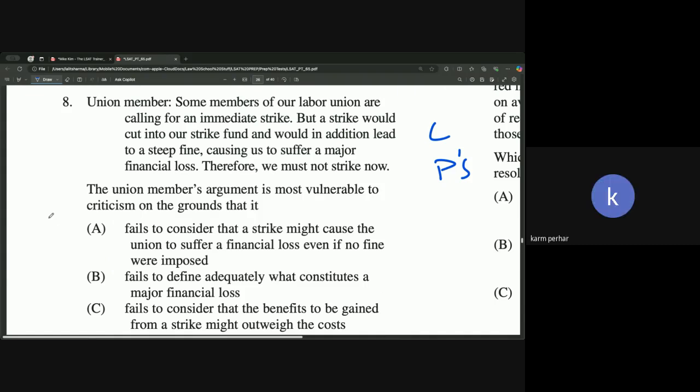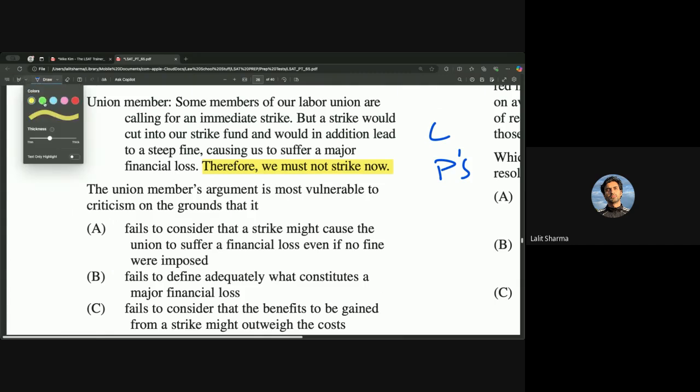I feel like we must strike now is the conclusion. Does it say we must strike now, or, oh, sorry, we must not strike now. Must not strike now? Yeah, I agree. So the word therefore, by the way, is an indicator. Usually, yeah, it's usually a giveaway. Okay, that's the conclusion.